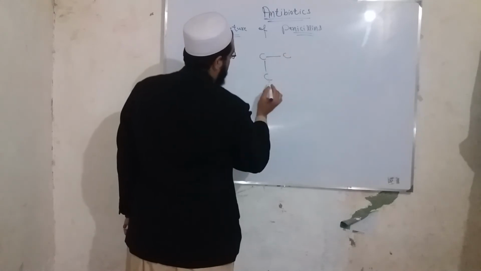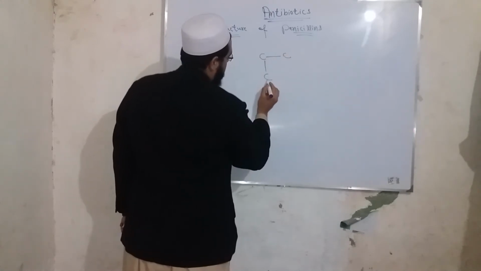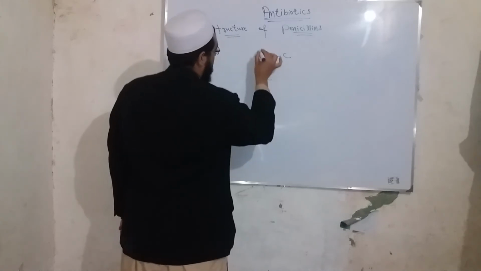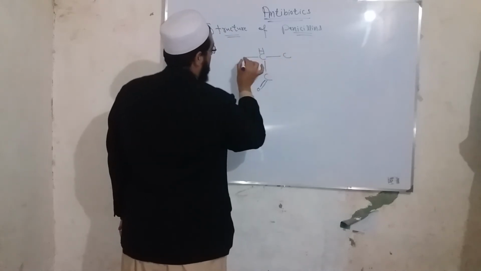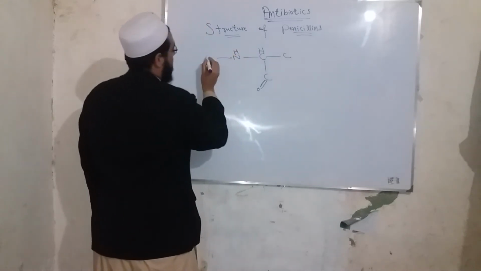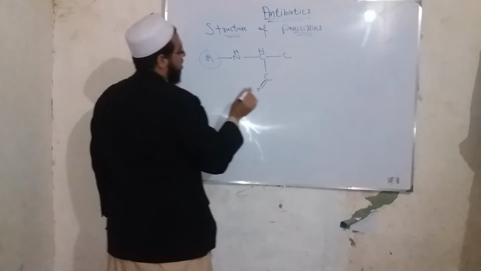So the structure of penicillin is such like: carbon, carbon, and double bond here with oxygen, H. Carbon is attached here with N group, and here is an R group.